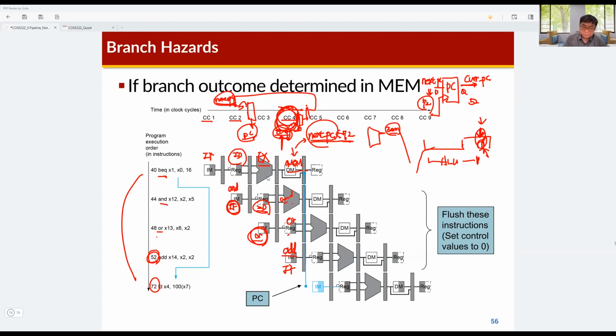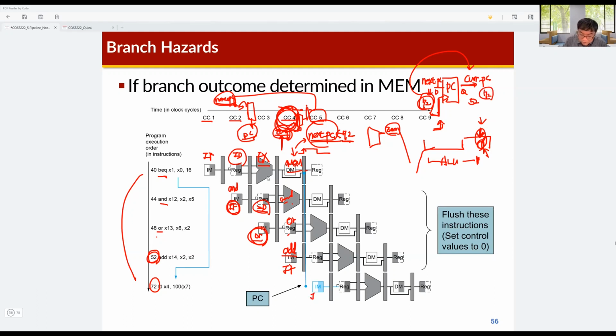So in the next cycle, clock cycle number 5, at the rising edge of the clock, this 72 is updated to the current PC. And then if the current PC is updated, it becomes 72.